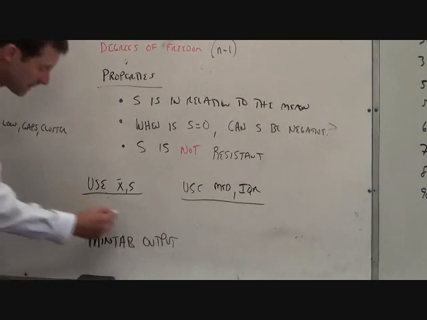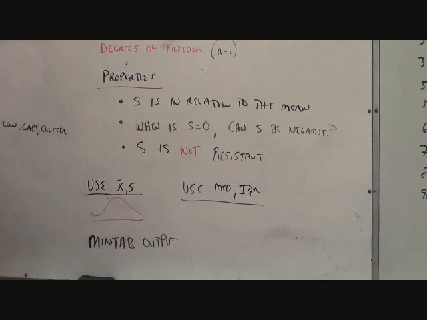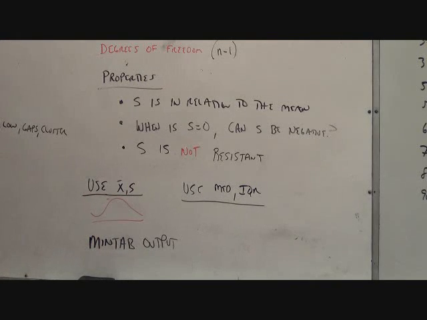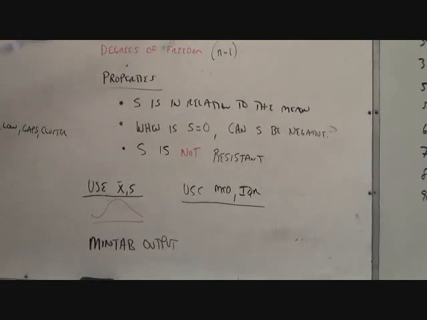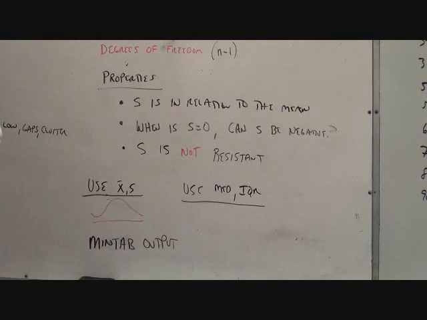If your data is somewhat symmetrical, in other words, no real extreme values on one side or the other, use the mean to talk about center and use the standard deviation to talk about spread. People understand average. You tell somebody the average of a bunch of numbers, that's more understandable to them. The standard deviation they're probably not going to know, but hopefully you can describe it to them and give them a general idea of what it means.